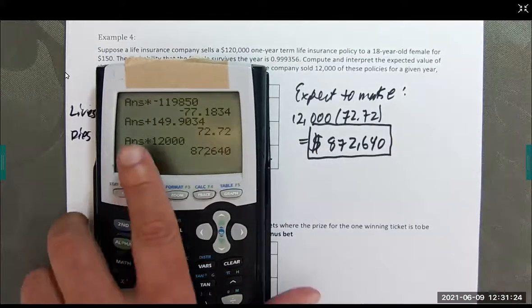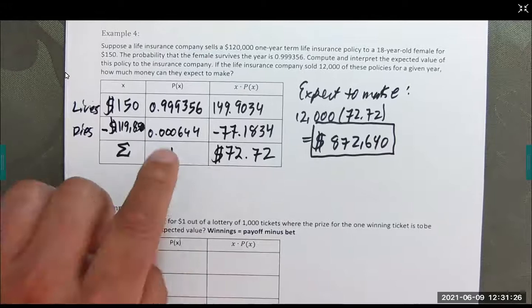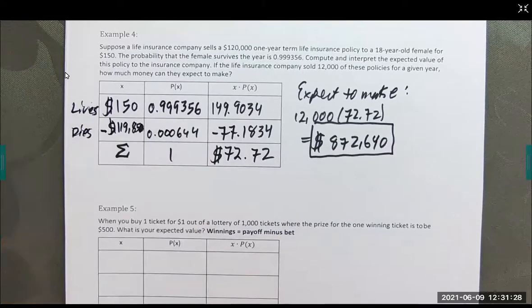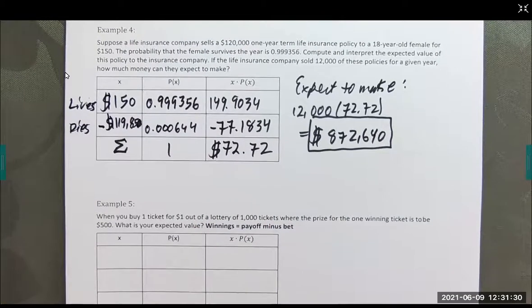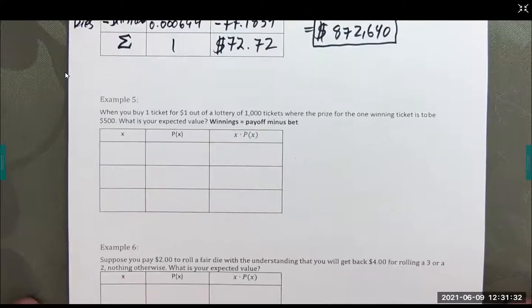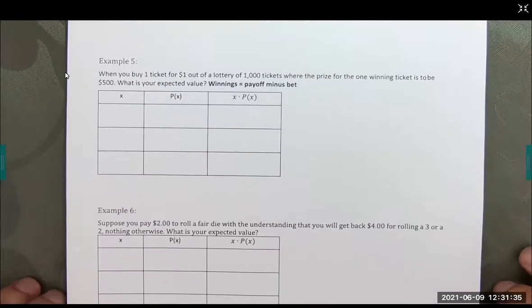There it is. By the way, they paid people a lot of money to come up with the price of these policies like this. If you're interested in a job, it's called an actuary. You can look into that.